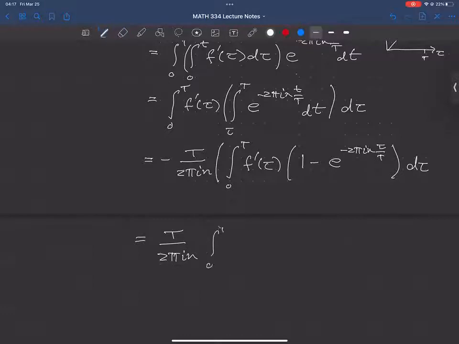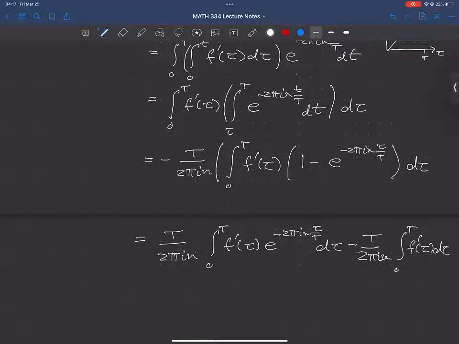Integral from 0 to T of f prime of tau, e to the minus 2 pi i n tau over T, d tau, right? And then minus T over 2 pi i n, integral from 0 to T of f prime of tau d tau.